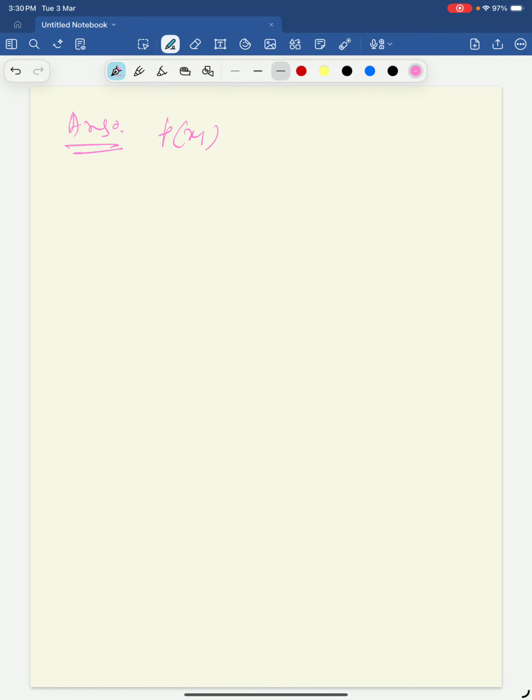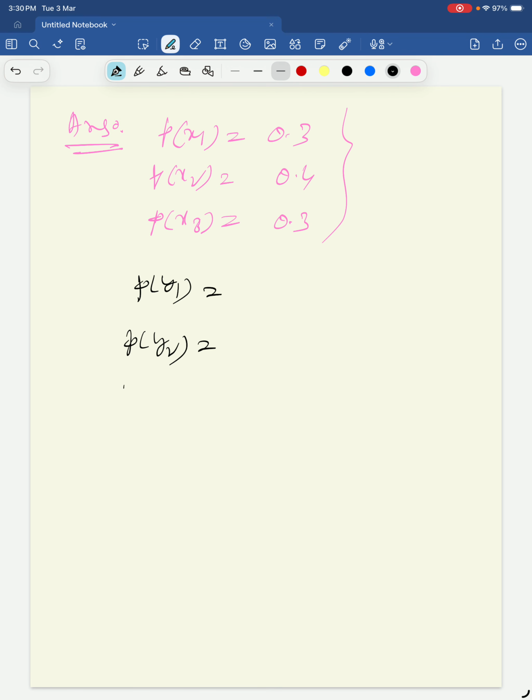Probability of x1, probability of x2 and probability of x3 are given in the numericals itself: 0.3, 0.4 and 0.3. Now probability of y1, y2, y3, I am giving the answer only.